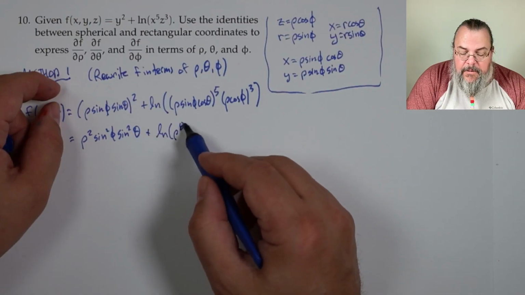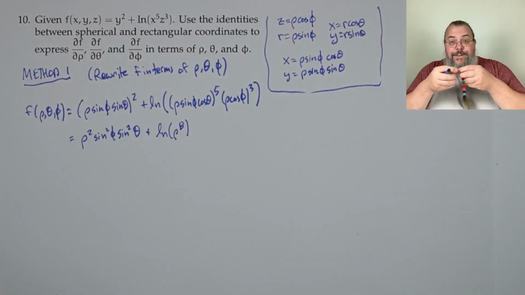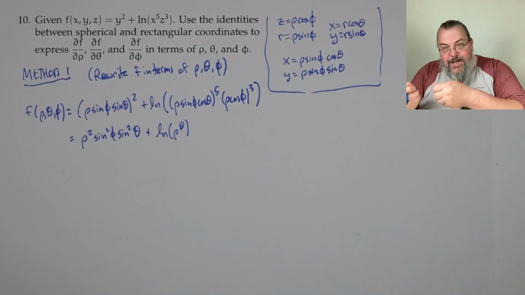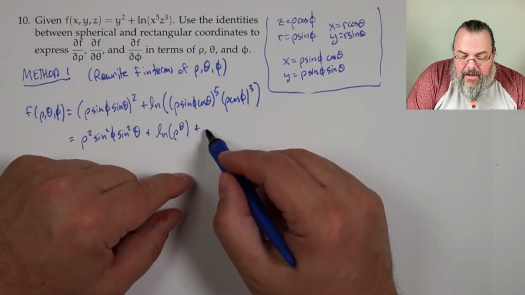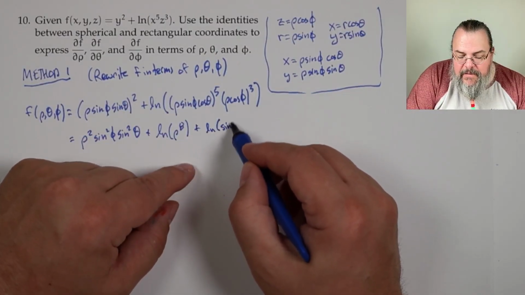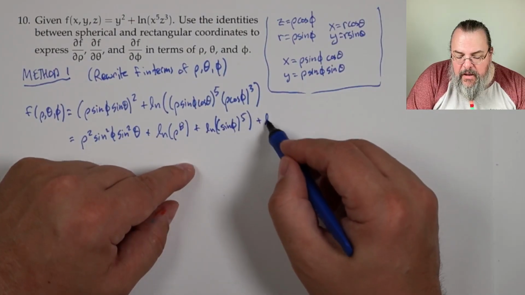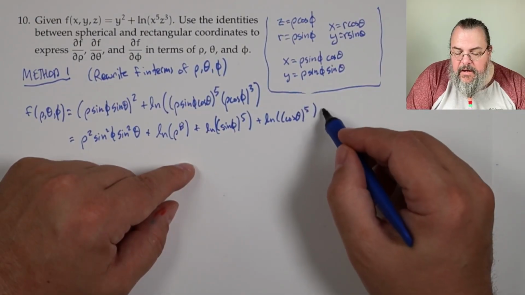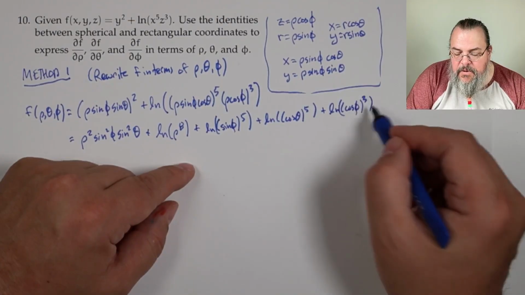And I know I'm not done with that. I'll come through and do something more with that. Okay? Because log of a product becomes the sum of the logs. Right? Log of a product becomes sum of logs. Plus, there's only one sine phi, log of sine phi to the fifth, plus log of cosine theta to the fifth, plus log cosine phi cubed.